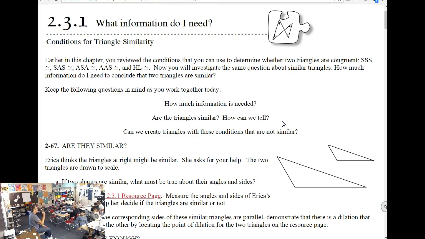If they are, you have to tell me what sequence of transformations, translations, whatever, can get us from one onto the other, and if there is a dilation, you need to be able to tell me where the center of dilation is. I'm going to give you like 7 minutes, probably.